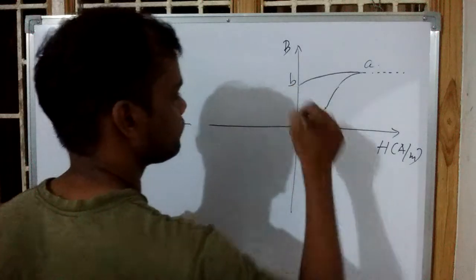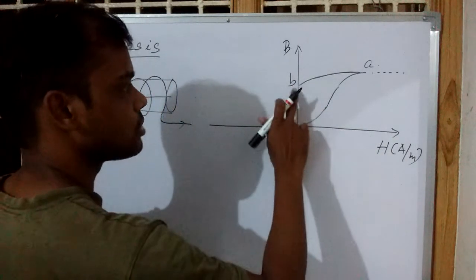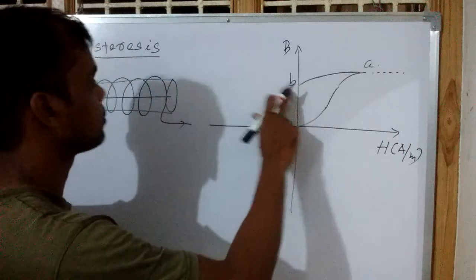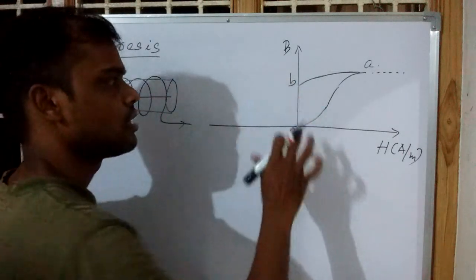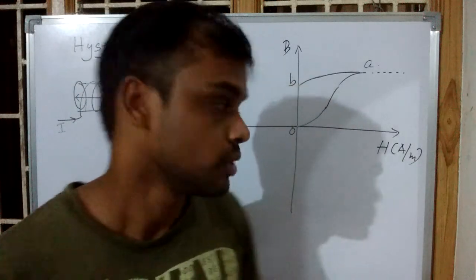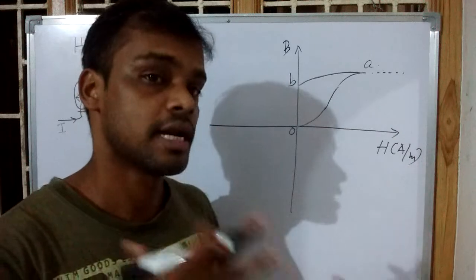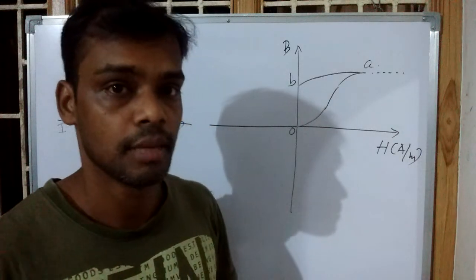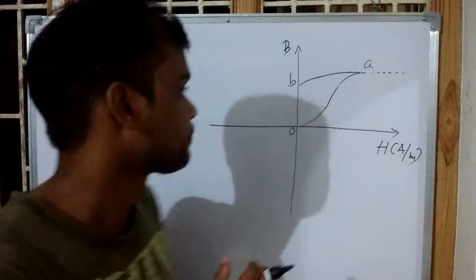Now here you look. Current is already 0, but the magnetic field of the core is not 0. That means magnetization is not 0. That means some domains are still aligned in the direction of the external magnetic field. They are not randomized yet. They possess the magnetic field they acquired.